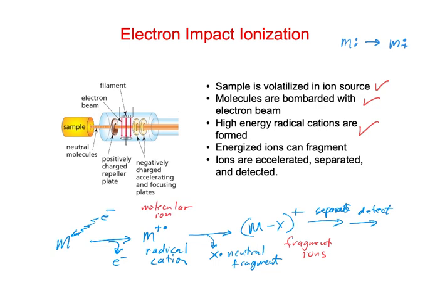We're going to first focus on this molecular ion and learn some techniques by which we might be able to determine a molecular formula from that. Then we're going to talk about fragmentation mechanisms, and then we'll be able to start using this as a way to determine structures. Okay.